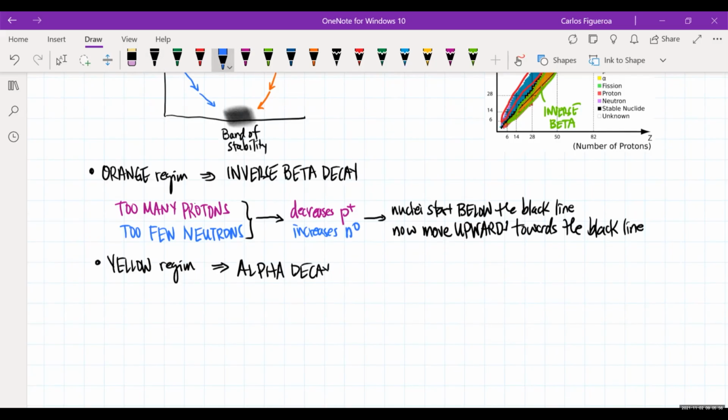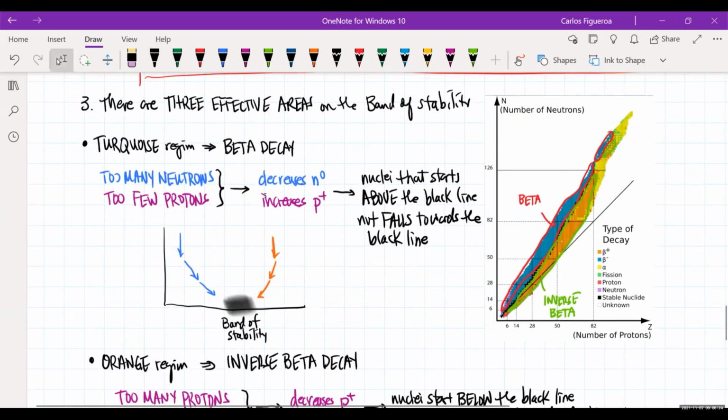It has too many neutrons, and it also has too many protons. So alpha decay doesn't decrease only one at a time, as in the other patterns.